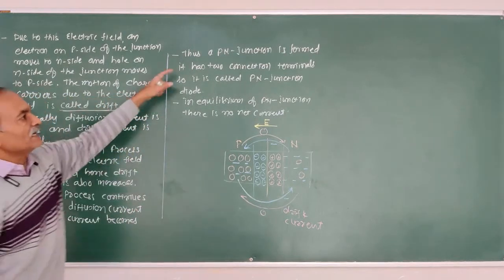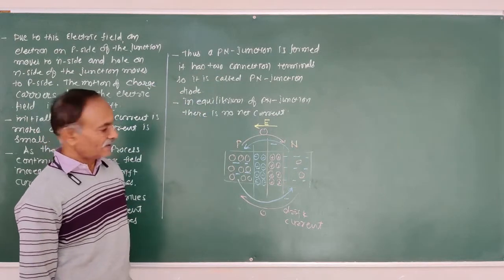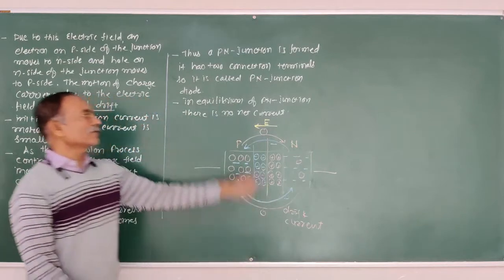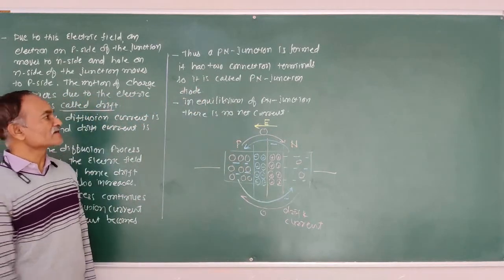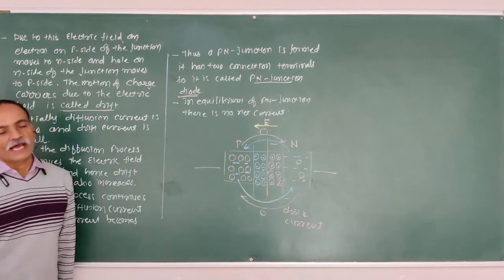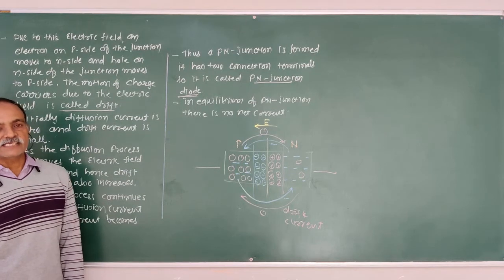Thus, a PN junction is formed. It has two connection terminals, one is this end and the other is that end. Therefore, that is known as the PN junction diode. In equilibrium of the PN junction, there is no net current.